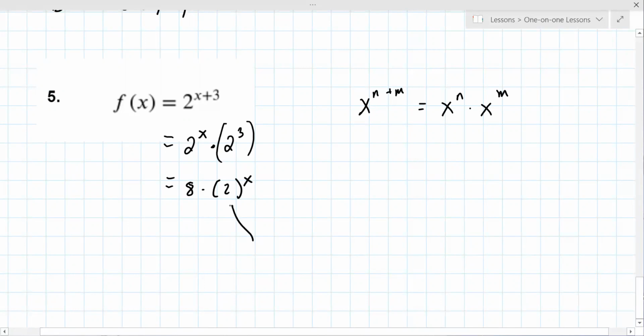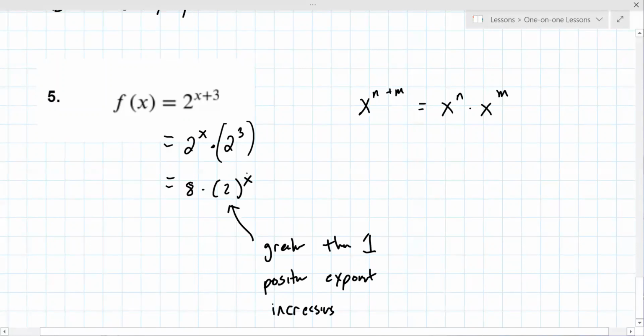So this number 2, this is greater than 1. Since it's greater than 1, it's increasing because it's also a positive exponent. If it were greater than 1, but it had a negative exponent, instead of increasing, it would be decreasing.